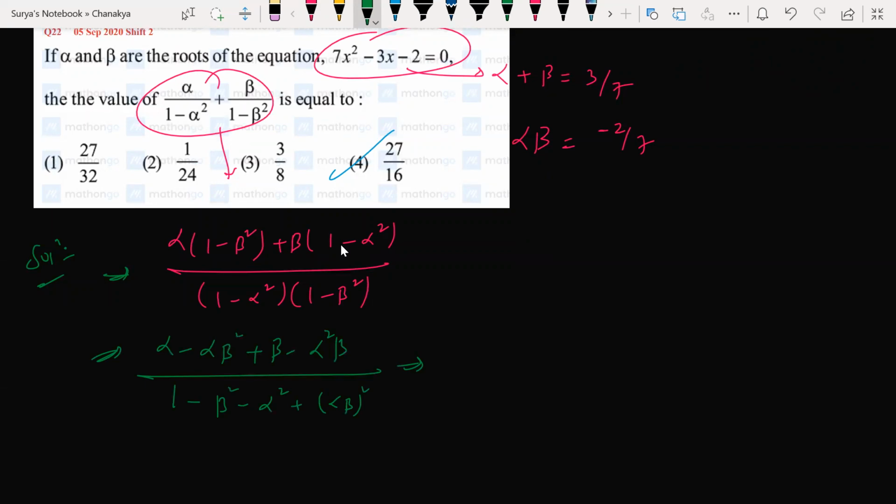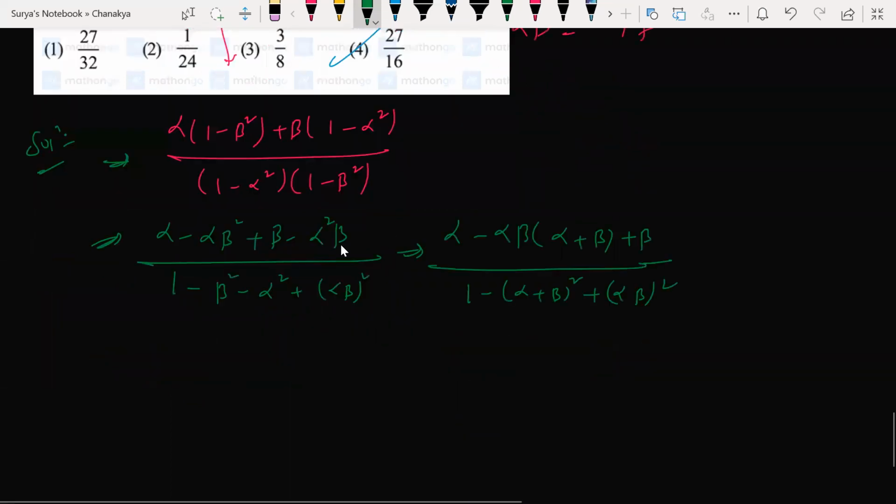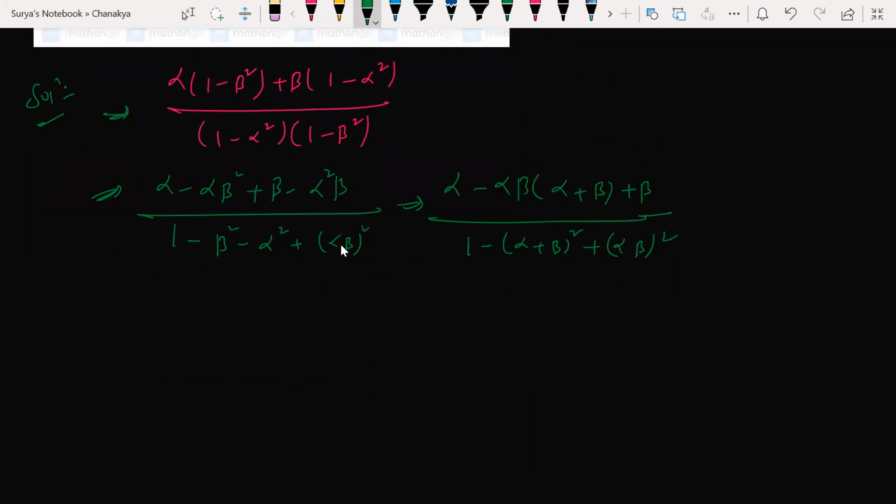Next, alpha minus alpha beta common, alpha beta common to alpha plus beta, divided by 1 minus (alpha plus beta) whole square plus (alpha beta) whole square. Correct. So beta, this is what I get here now. If I expand this, what am I going to get now?